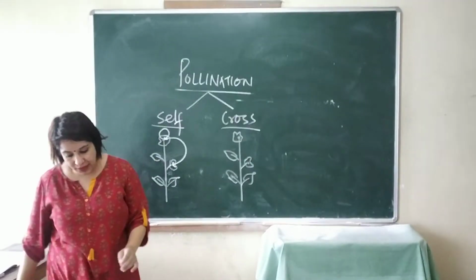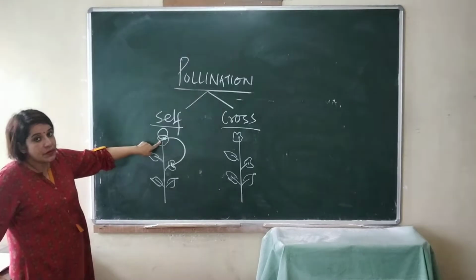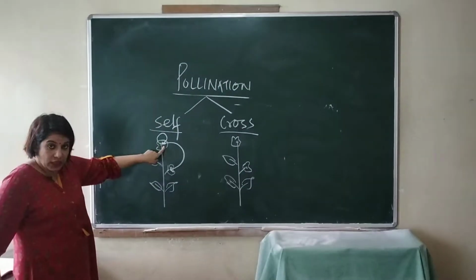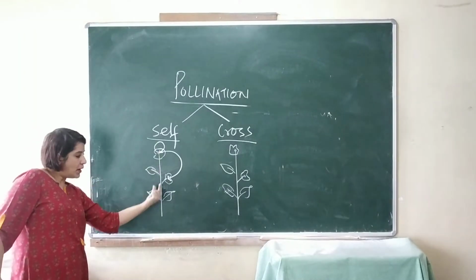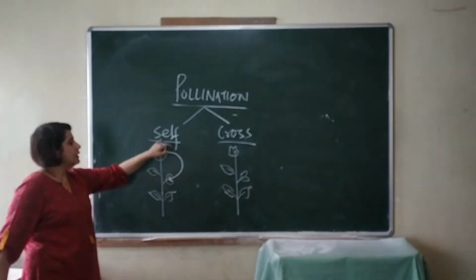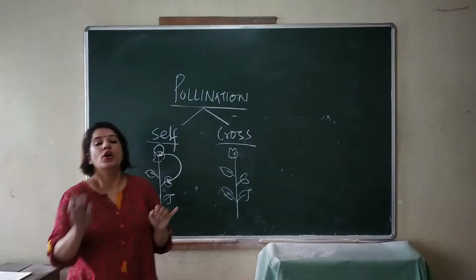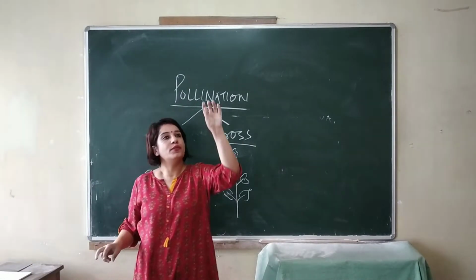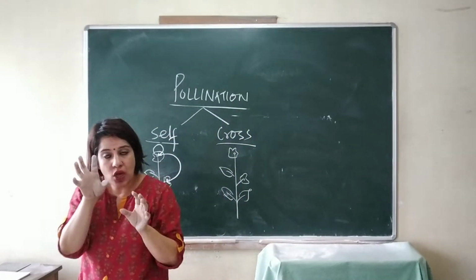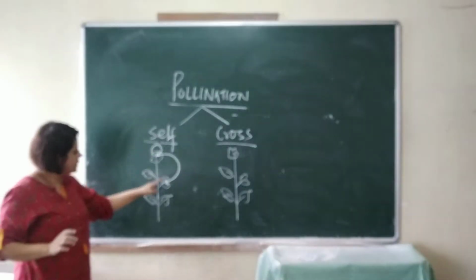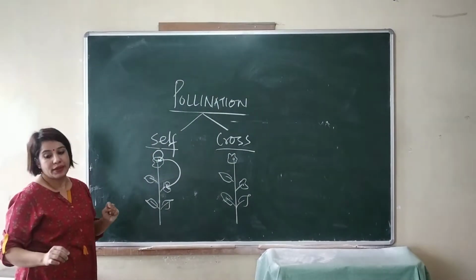In some cases, the transfer occurs from the anther to the stigma of different flowers but of the same plant. Then it is still self-pollination.